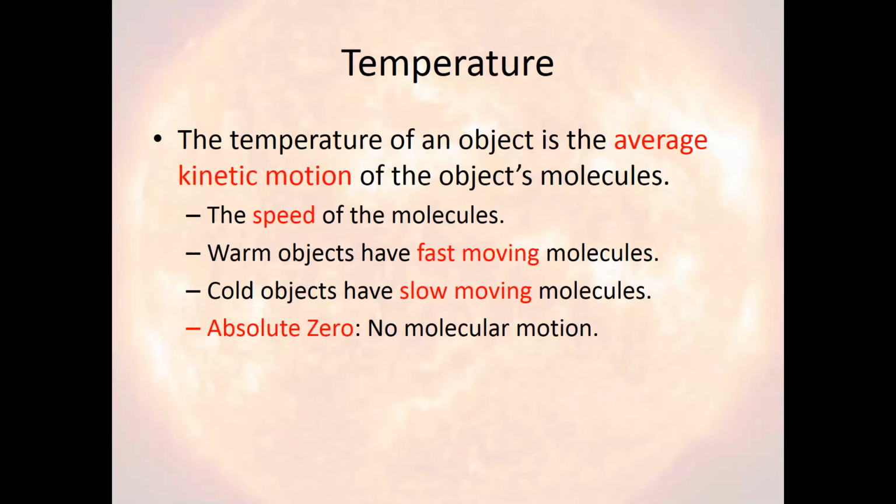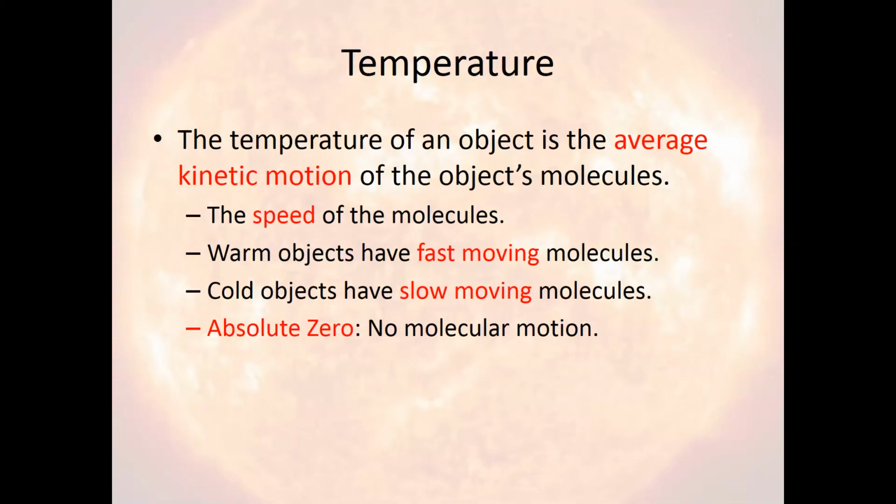The Celsius scale, which pretty much everybody else uses, also has negative temperatures. But there's actually a temperature scale called the Kelvin scale that has a temperature called absolute zero. You can't go any lower than that. And at that temperature, there is no molecular motion. All of the objects surrounding you have molecules that aren't moving in that case.